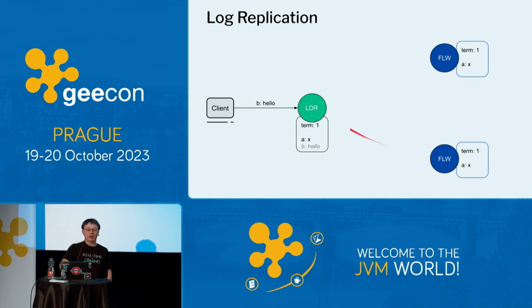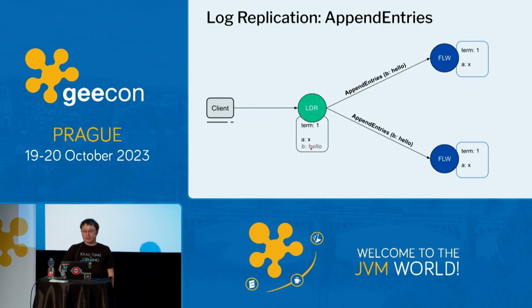When the leader receives this request from the client, it puts this data in its log, but doesn't accept it because it is not yet replicated, and it will be in the so-called uncommitted state. After this, the leader should replicate this data to the other followers.